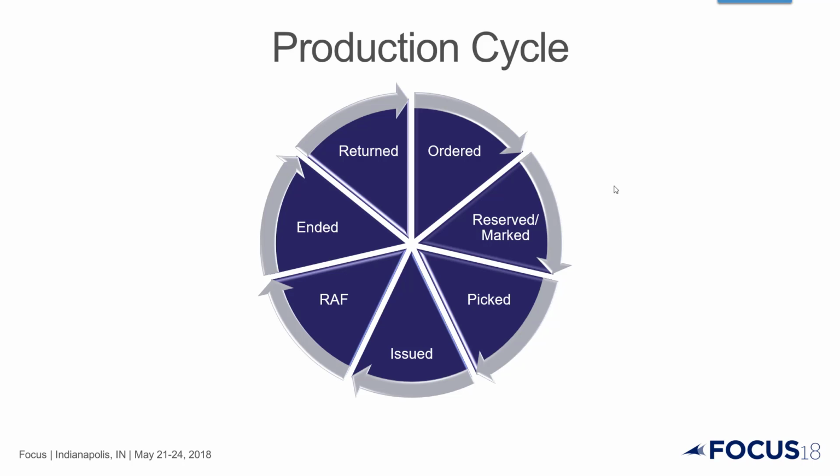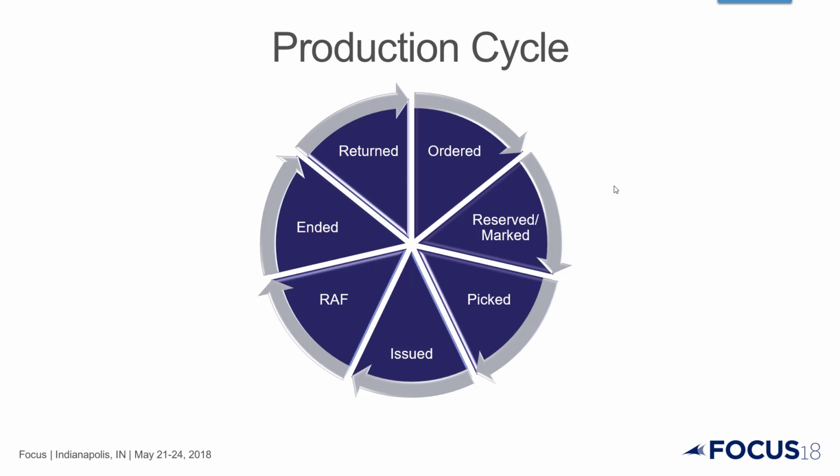RAF, report as finished, is the process that allows you to say I've completed this many of these items off of this production order. So if I'm doing 10,000 items, I don't want to wait till all 10,000 are done. I want to be able to receive maybe 10 at a time or 100 at a time or something like that off the end of that production order, which in turn can go to be sold or be consumed in other downstream processes.